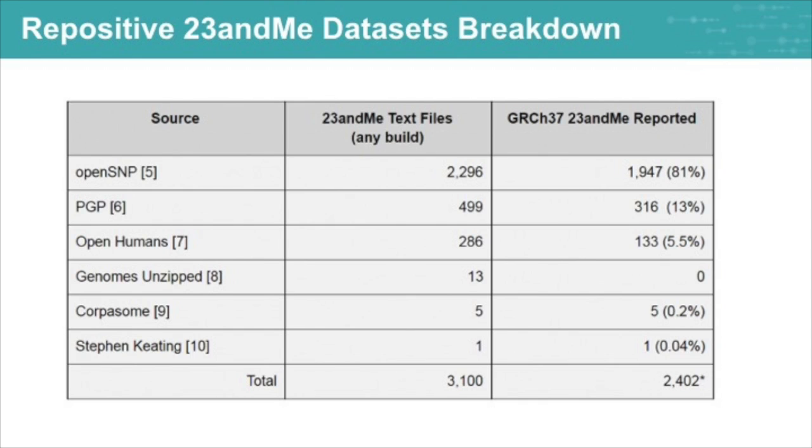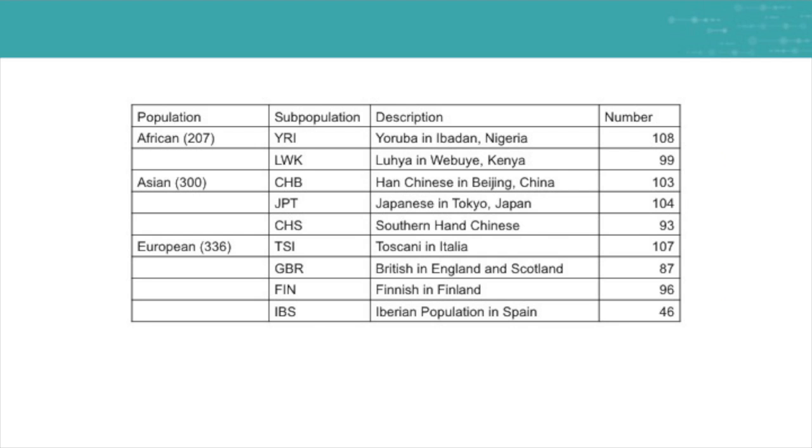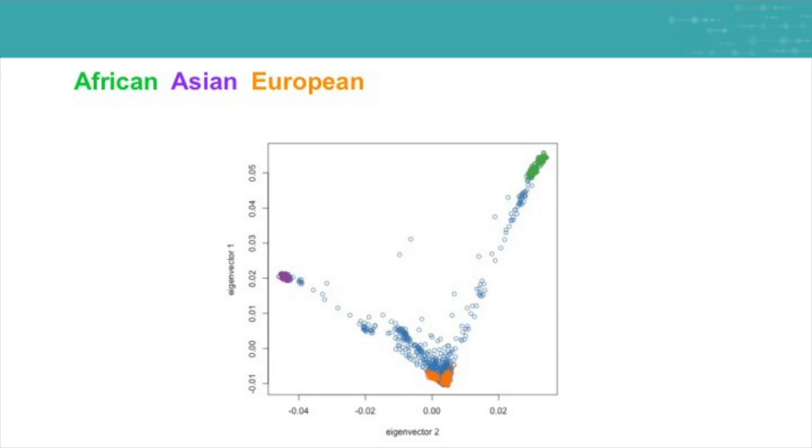This is a breakdown of the 1,000 Genomes project that you can get from their website. We performed a principal component analysis where, in blue, these are the 2,400 individuals that I downloaded from 23andMe, and I'm overlapping the African, Asian, and European individuals from the 1,000 Genomes project.